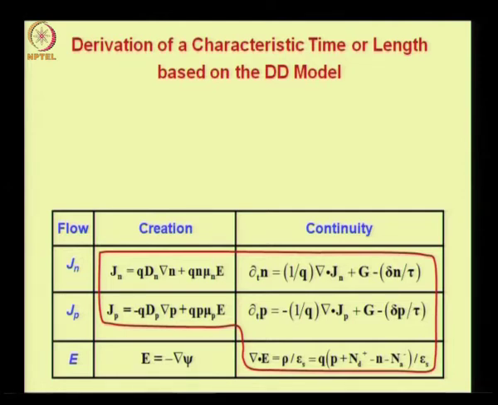This equation E equal to minus grad psi stands out of this group, because after you have solved for the electron concentration, hole concentration, the electron and hole current densities and the electric field, one can easily use this equation to get the potential drop. So in device analysis one works with these 5 equations, and only after that, if necessary, one uses this equation.